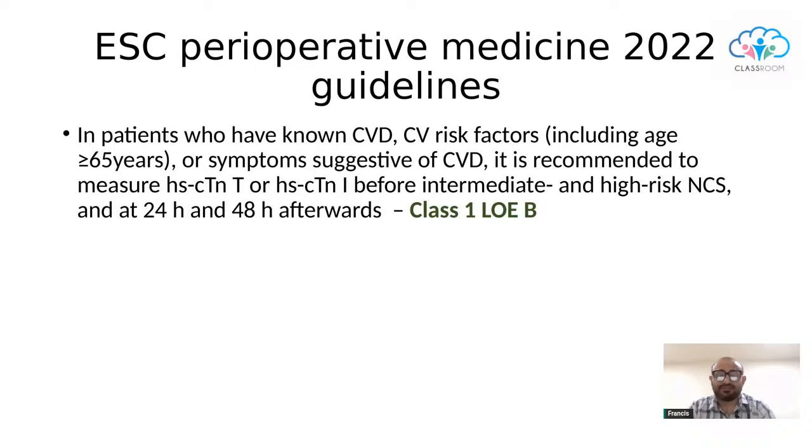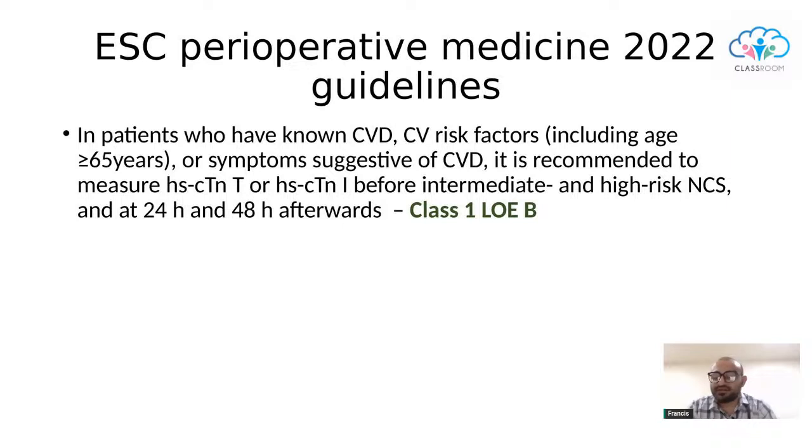And especially in the first 48 hours post-operatively, an elevation of cardiac troponin T or troponin I, especially in patients who are at high risk for developing cardiovascular disease, is a significant indicator of myocardial injury.